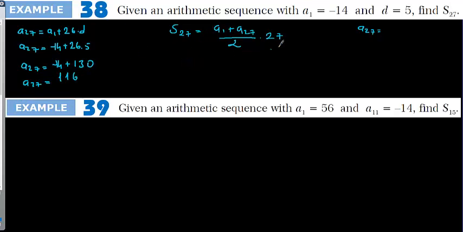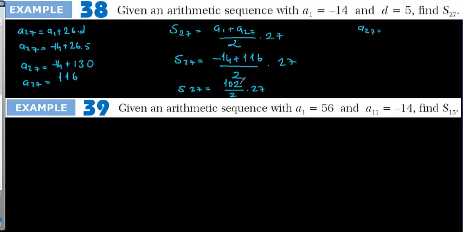Okay, then S27 is equal to a1, which is minus 14, plus 116, which is the a27, over 2 times 27. As you know, S27 is equal to minus 14 plus 116, which is 102, over 2 times 27.